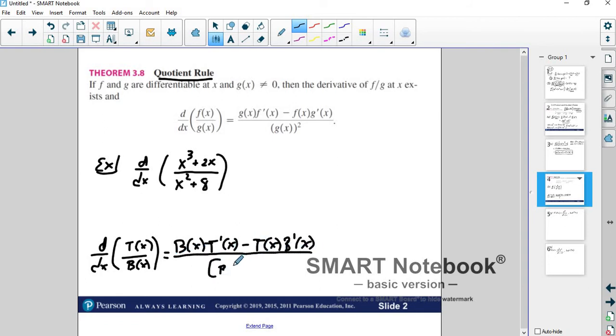Now be careful when you do this, guys, because the order matters now, because this is a minus. So you've got to get bottom first, top second, and do it like that.